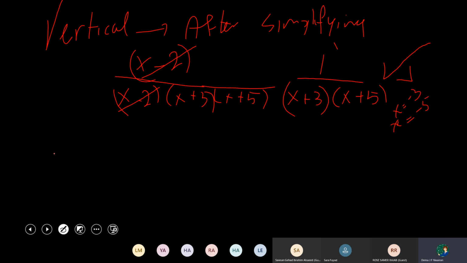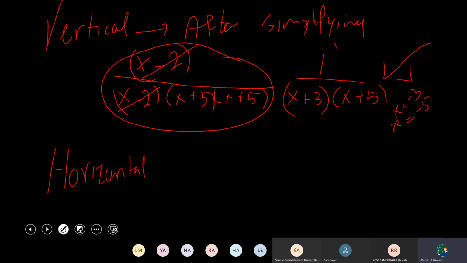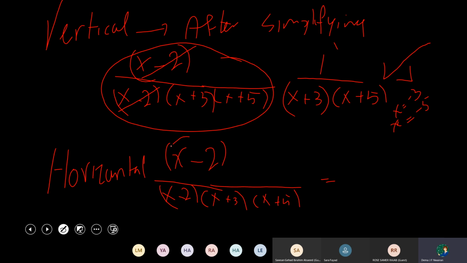But now for the horizontal, I have to go back to the first function, the one before simplifying, and I look at the powers of them. How can I get it without multiplying? Just look up.